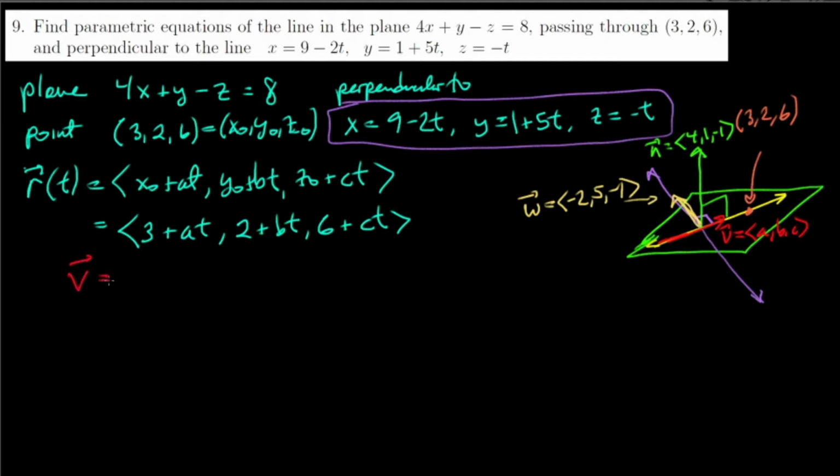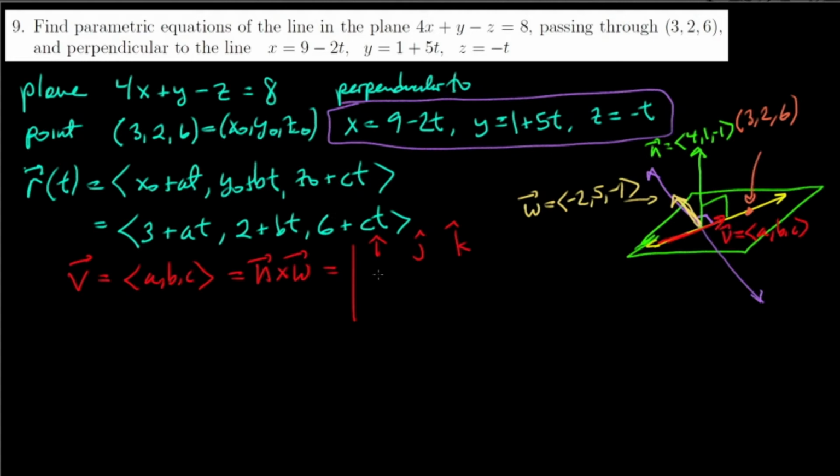So this vector v, a, b, and c, how do we find those? Take the cross product of n and w. You could also do w and n, so it doesn't matter which direction it points in.